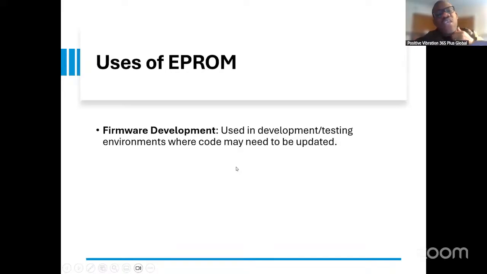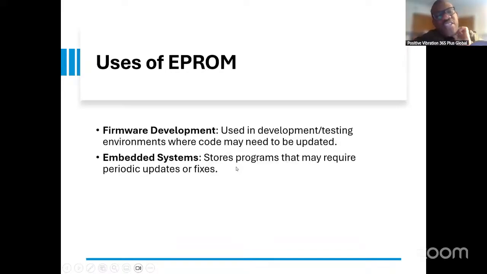Now again, we look at where it is used. It is used in some embedded systems, right, to store programs that may require periodic updates or fixes. So there are some embedded systems in the modern context, even though we mentioned that most of them are hardwired, there are some new updated modern ones that might need regular updates.